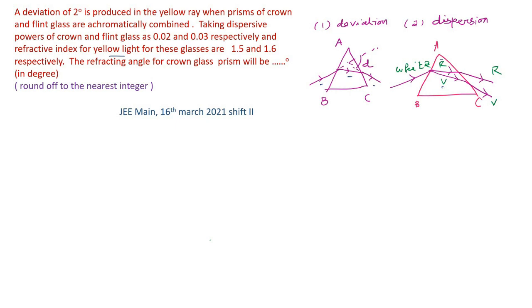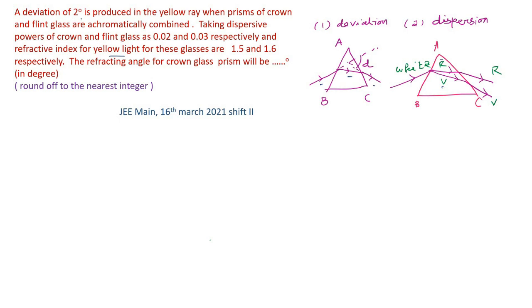White light enters, colors come out. Violet at the bottom, red on top. This is dispersion. But you can combine the prisms in such a way that deviation takes place without dispersion, or dispersion takes place without deviation. So this question is concerned with deviation without dispersion.